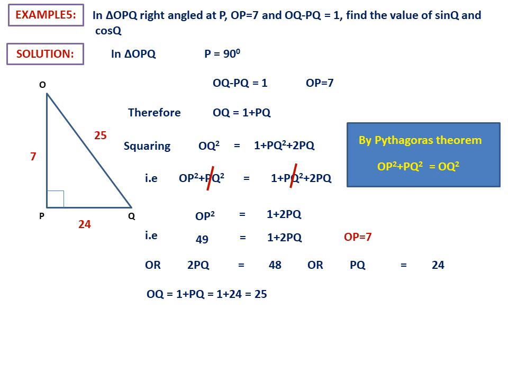Now what is asked in the question? Find the value of sin Q and cos Q. Therefore sin Q equals opposite, OP, divided by hypotenuse OQ, that is 7 by 25, and cos Q equals adjacent, that is PQ, divided by OQ, that is 24 by 25. So these are the values.